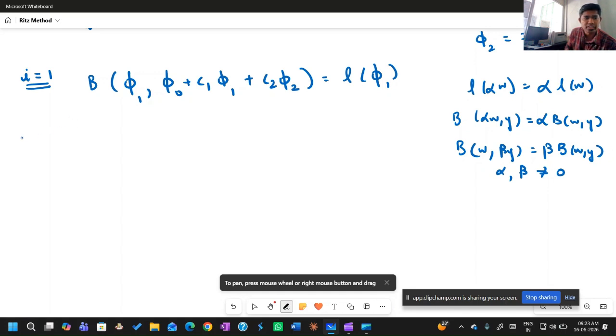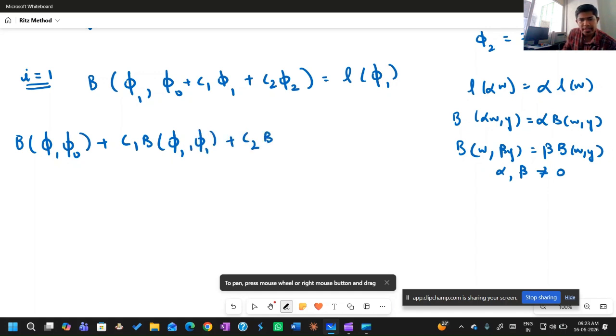So we can say if we expand this, bilinear function of pi 1 comma pi naught plus C1 into bilinear function of pi 1 comma pi 1 plus C2 into bilinear function of pi 1 comma pi 2 is equal to linear function of pi 1.